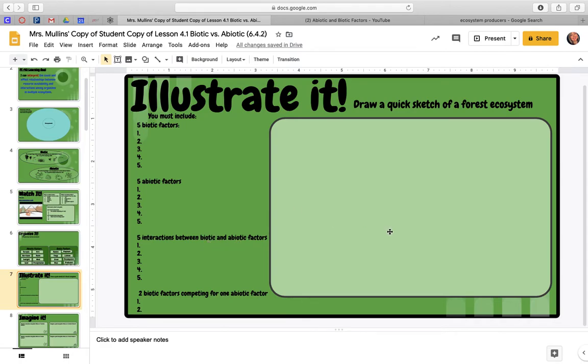So a fox drinking water from the river. And then biotic factors competing. So 2 biotic factors competing for 1 abiotic factor. So maybe you have a deer and a raccoon both competing for shelter.